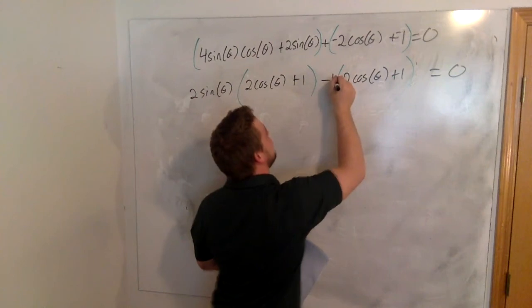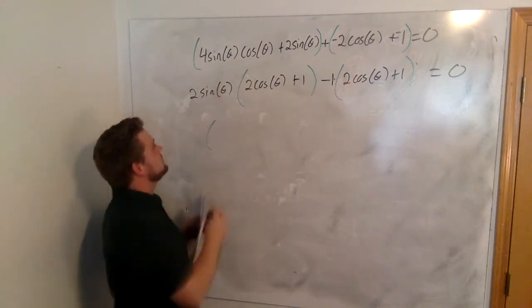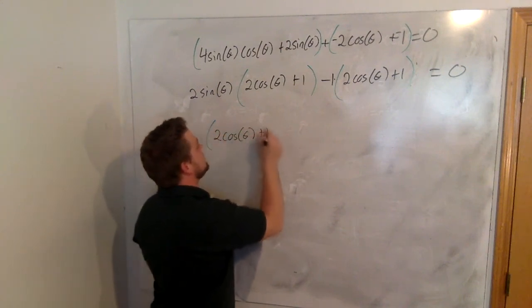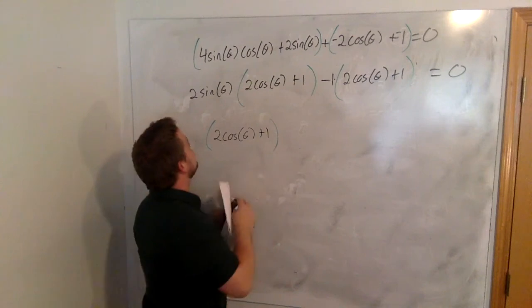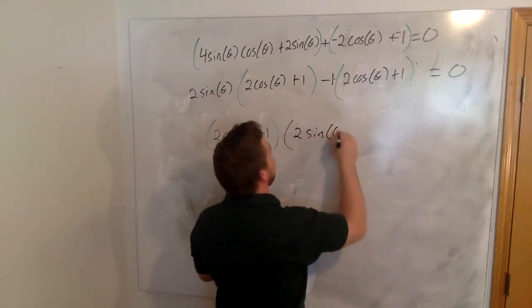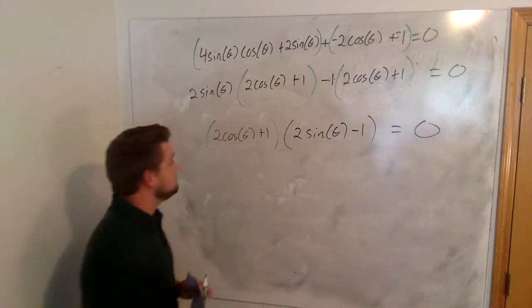Think of there as kind of like a times 1 here. So factoring out the green, we'll have 2 cosine of theta plus 1 times 2 sine of theta minus 1 being equal to 0.